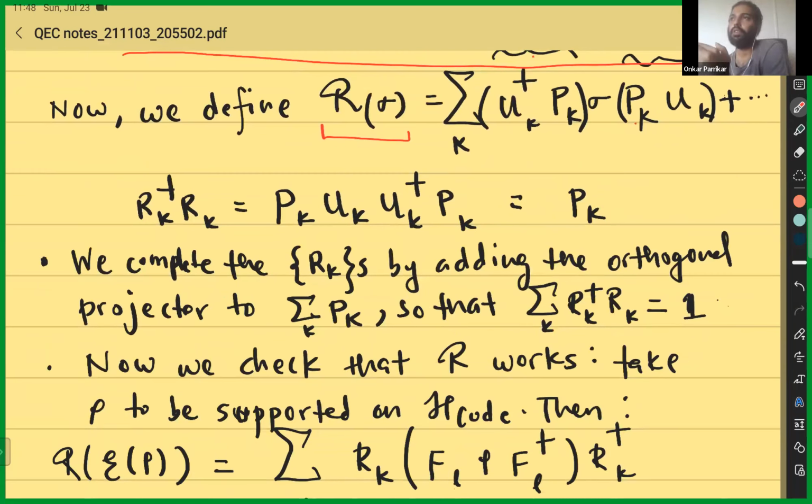You first project onto a P_k. This is to check whether a particular error happened or not, whether the error corresponding to the kth Kraus operator happened. And if it did happen, you can simply rotate back to the original code subspace by doing u_k dagger, right?